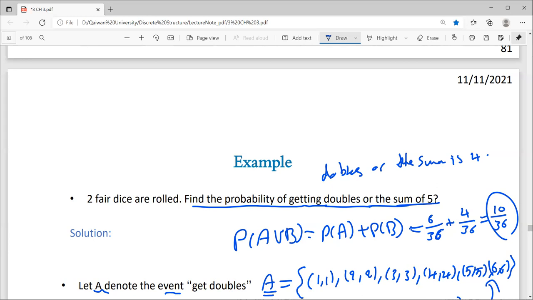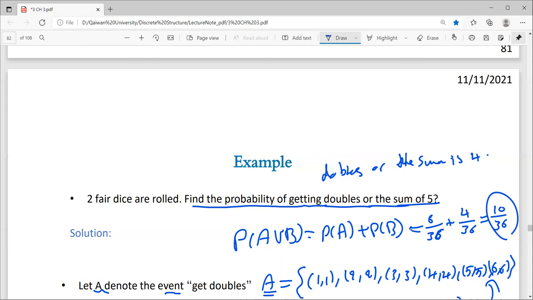Here, there is something in common between the events. Doubles are 1 1, 2 2, 3 3, 4 4, 5 5, and 6 6. And for the sum of 4, we have 2 2 in it. That means one element is common. So A intersection B is 2 2. The probability of A intersection B is 1 over 36. Probability of doubles is 6 over 36. And probability of the sum of 4 is 3 over 36.